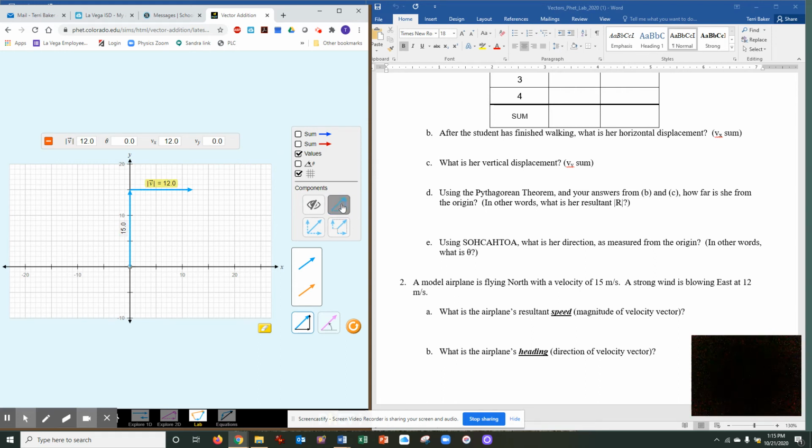If you were to draw a line from the beginning to where it ends up, and then drop the imaginary legs, when you add the two x's and you add the two y's of these two vectors, you should get 12 and 15.